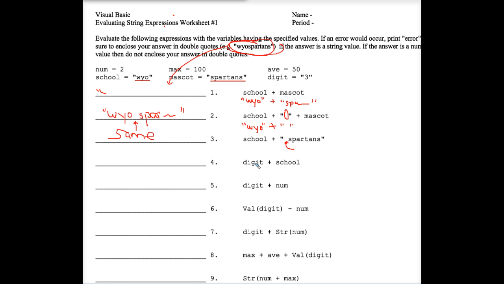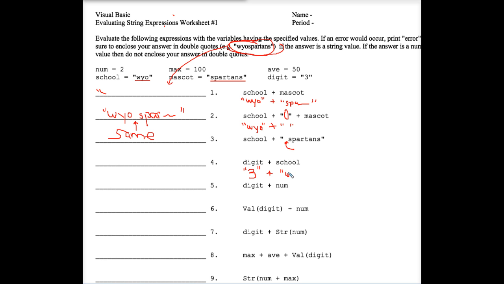Digit. What's digit? Digit is the string 3, not the number 3. It's the string 3 because there are double quotes around the 3. Now, I don't know why somebody would do this, but it's an exercise on this worksheet, so we must analyze it nonetheless.